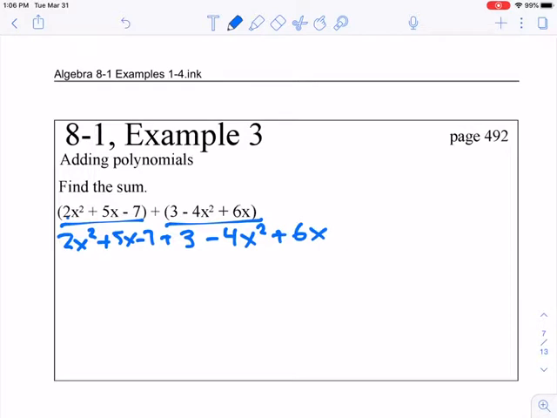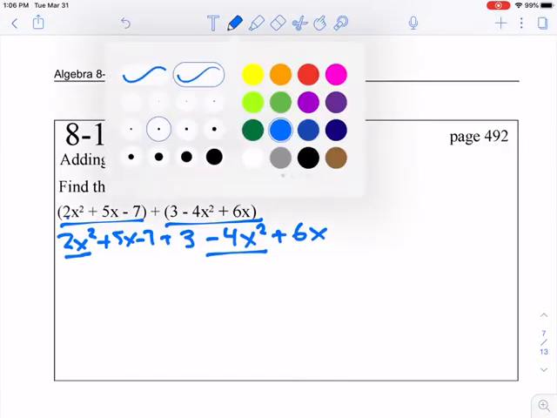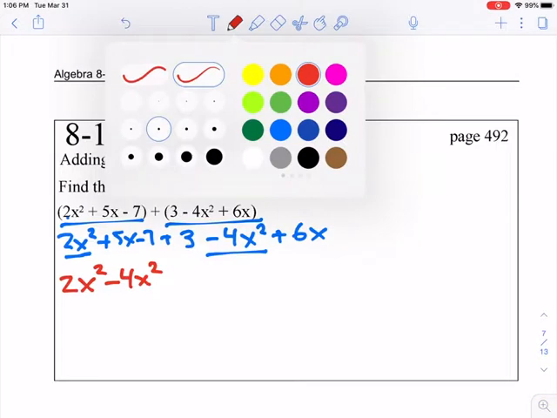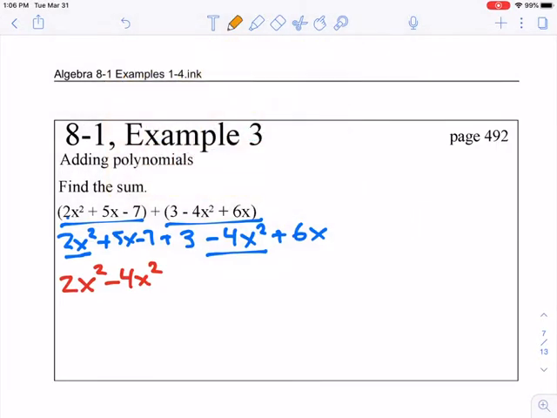So now I'm going to rewrite this in a certain way. I'm going to take all of these terms and put them near each other in their own color. So we have 2x squared minus 4x squared. Next, I'm going to switch colors and we're going to do our x terms.